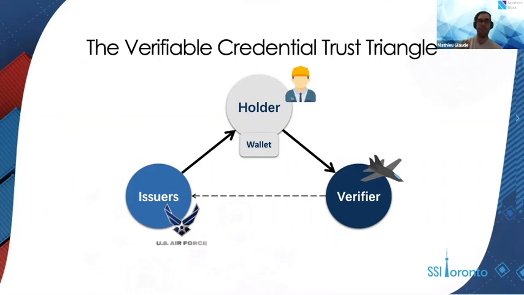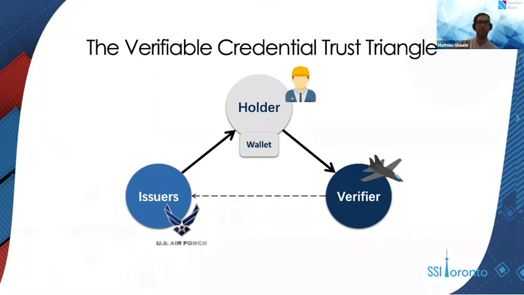So in this example, we have an issuer, which would be the US Air Force. And we have issuers here because there could actually be multiple issuers within the Air Force. So within the US Air Force, you could have an HR department, for example, that would issue a credential of a new employee or a new contractor.